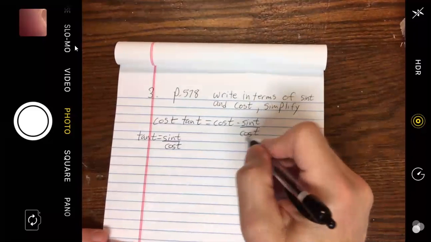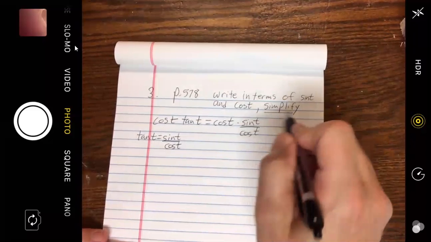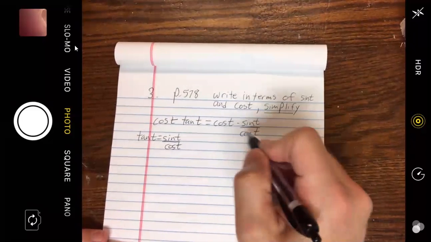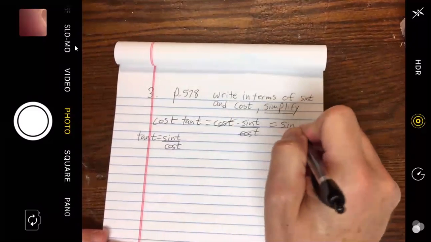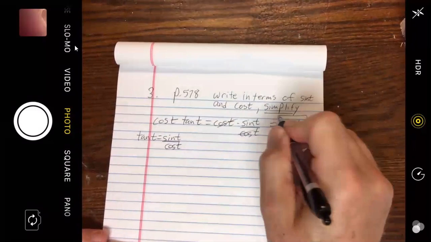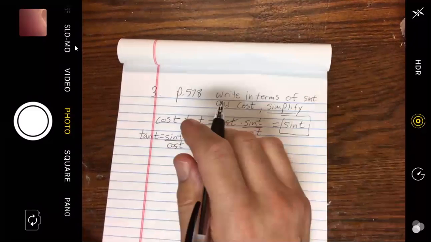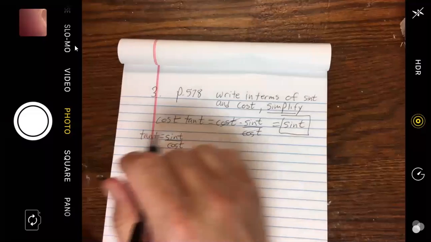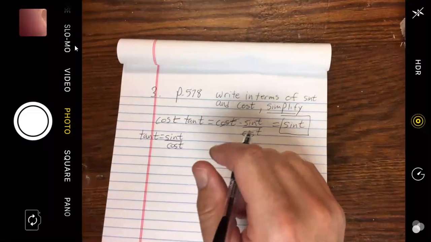So that's the sub in. We've broken everything into sine and cosine. To simplify, look at this and notice identical top and bottom. Those cancel, and it's identical to sine. Cosine times a tangent is identical to sine. Okay.